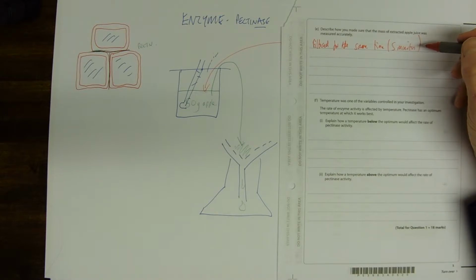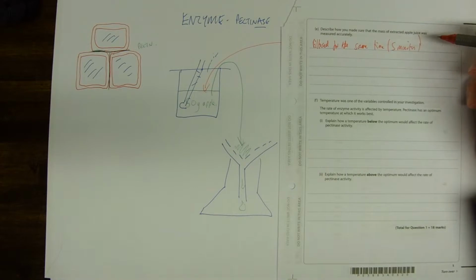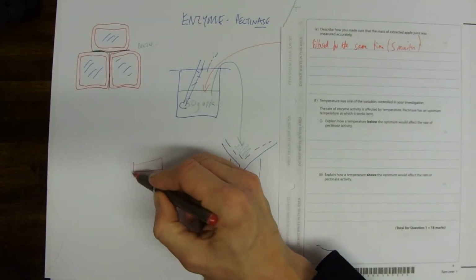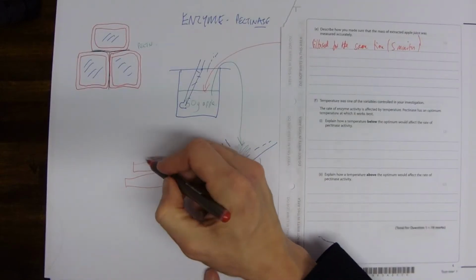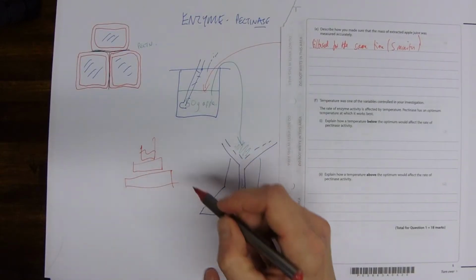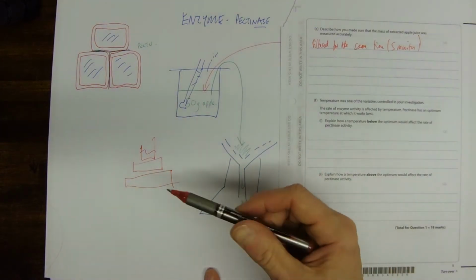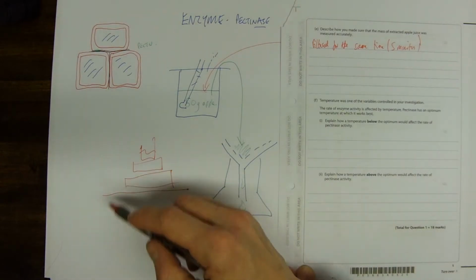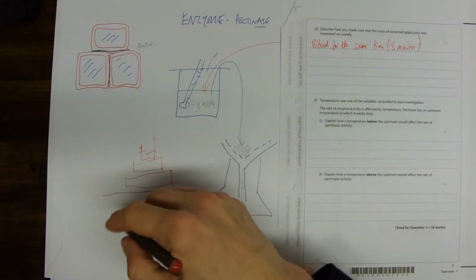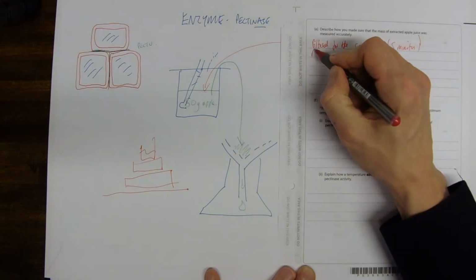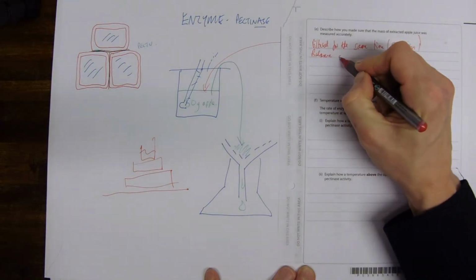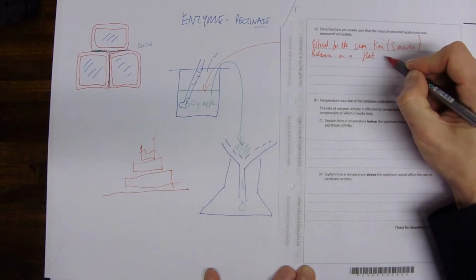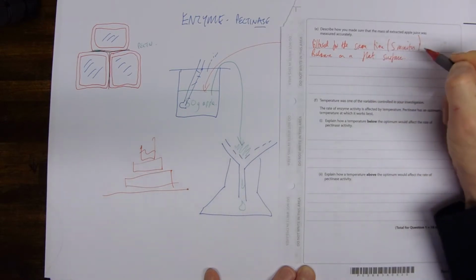And then really, what else did we do with recording to make sure it was accurate? Well, when you put your sample on the balance, the surface has got to be flat, and there's not got to be any kind of drafts or anything like that. So we can mention something about the balance on a flat surface.